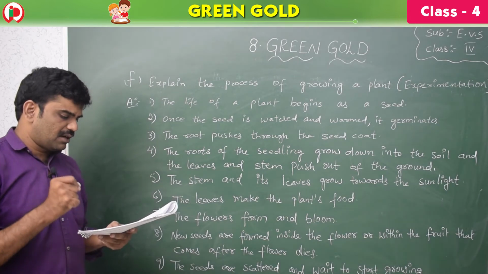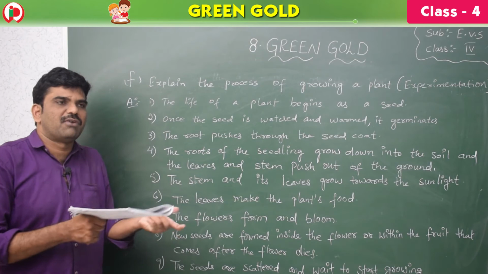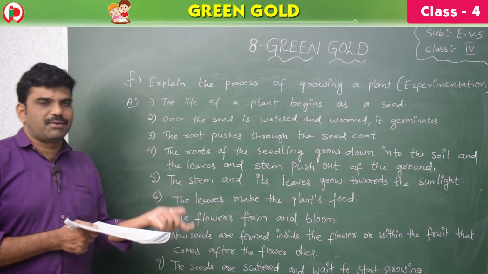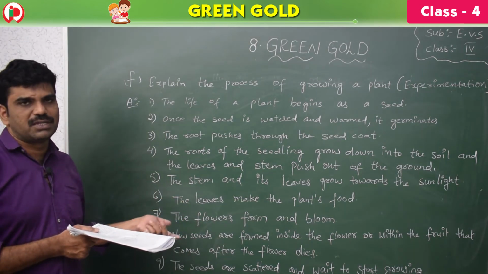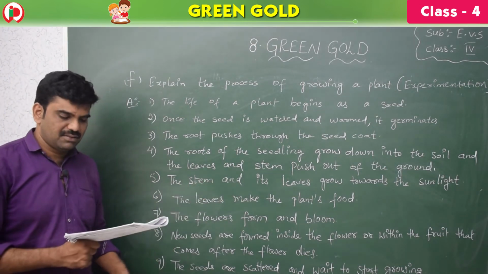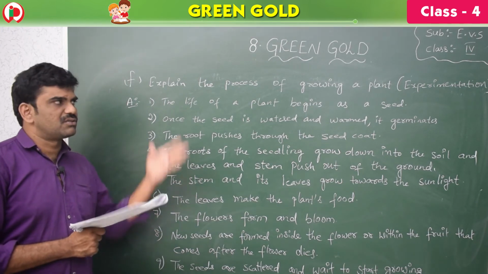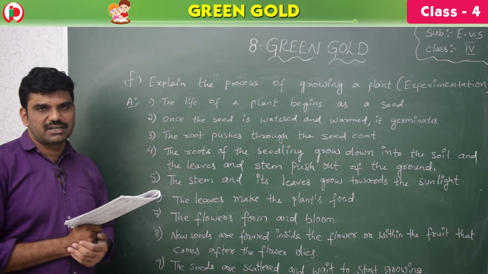That comes after the flower dies. So new seeds will be formed after the flower or from the fruit, and after the formation of new seed, the flower dies. Ninth point, the seeds are scattered, are dispersed and wait to start growing. So this is the experimental question, children. Okay.